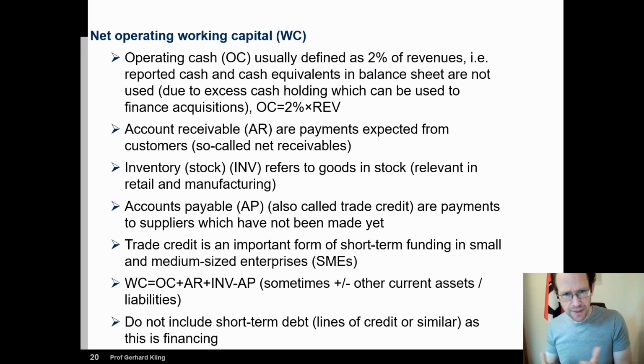When it comes to financing of working capital, many businesses resort to short-term debt to finance working capital. So you might have lines of credit, for instance, which give you flexibility for short-term funding, but companies also use their corporate cash holding as a buffer if there are some short-term financing needs.